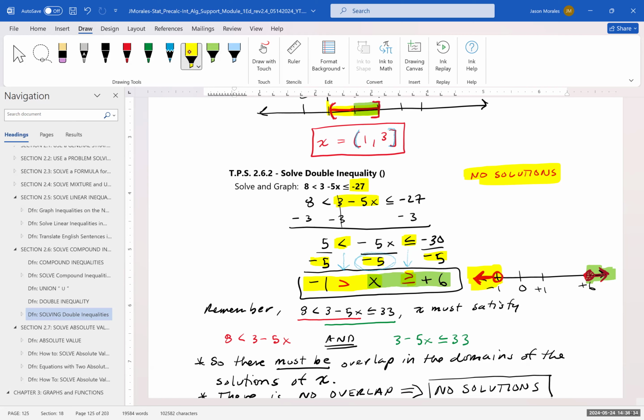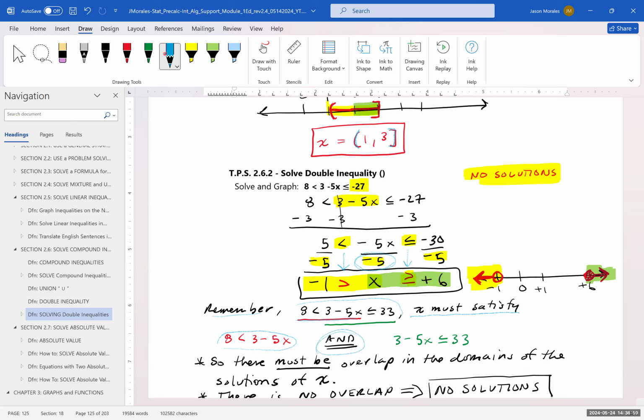So that's a correct interpretation of this double inequality with a number line. But remember that this double inequality has to have values of x that satisfy two inequalities. The first inequality is 8 less than 3 minus 5x, which is this part here on the left-hand side.